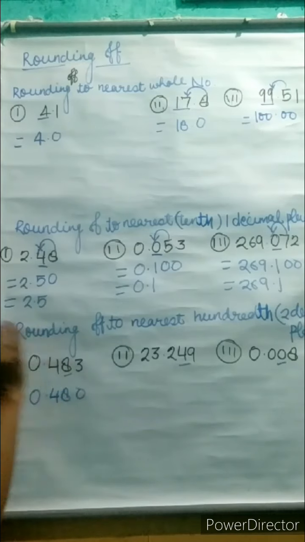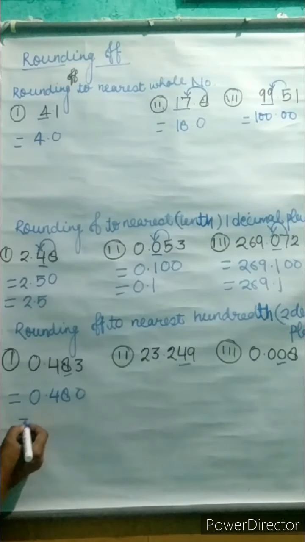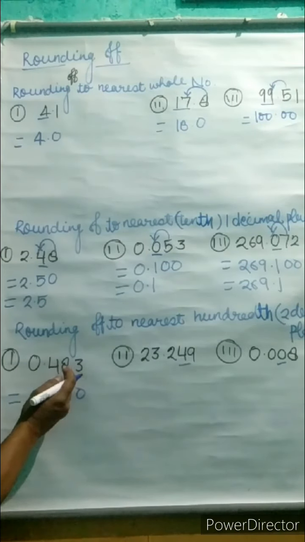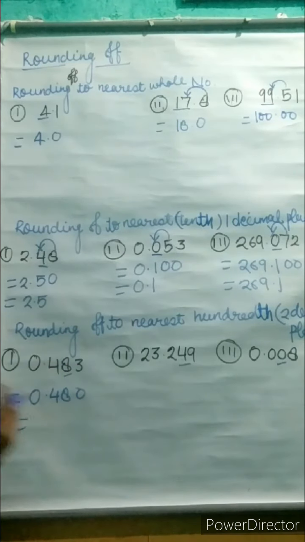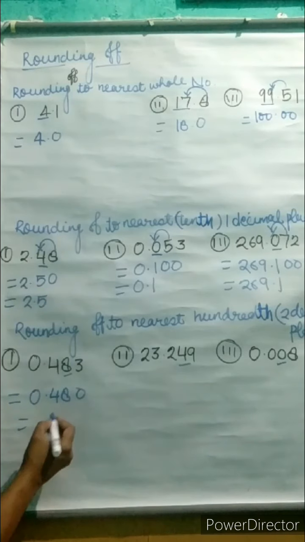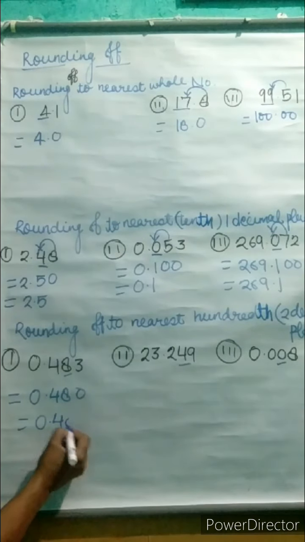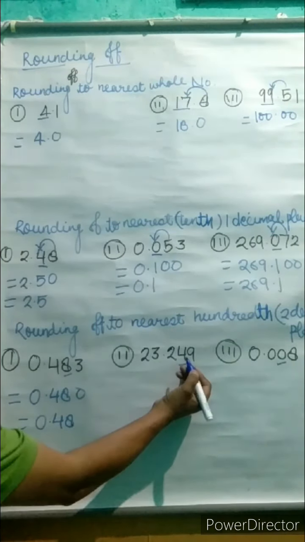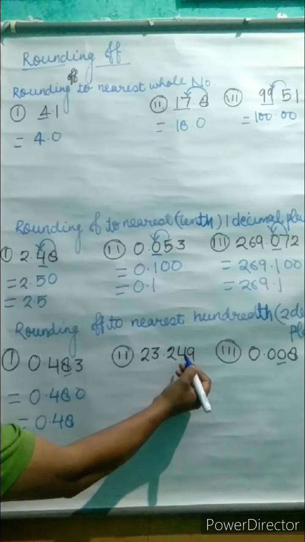So 0.48. We will not add anything here because the place after the second decimal place has 3, which is less than 5. We will add only when it is equal to 5 or more than 5. So the answer will be 0.48. Here the place after the second decimal has 9, which is more than 5.